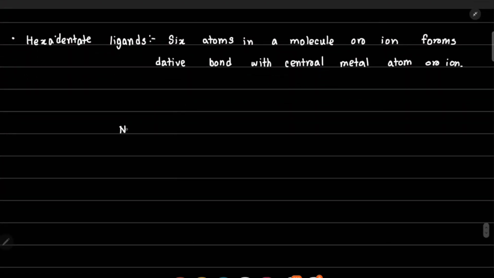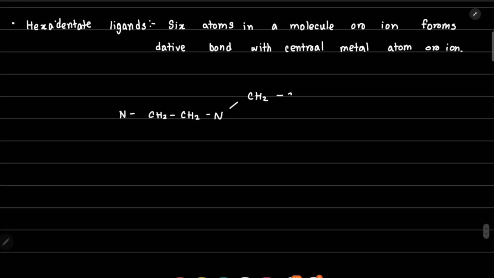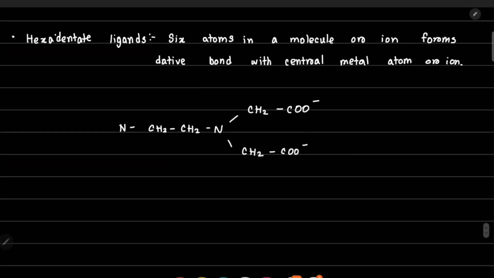So we have N, CH2, CH2, N, and on the nitrogen we have CH2 C double bond O minus, 2 on each nitrogen.